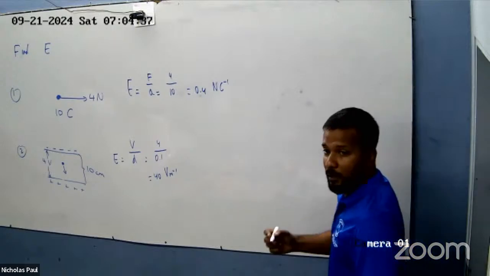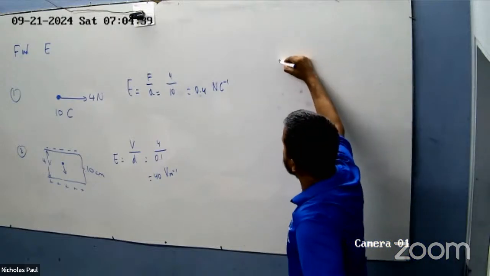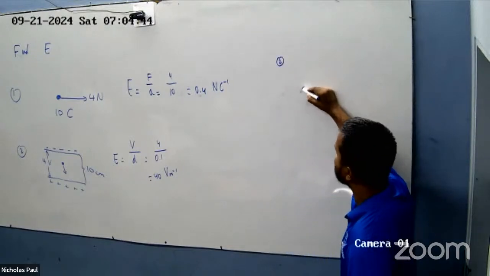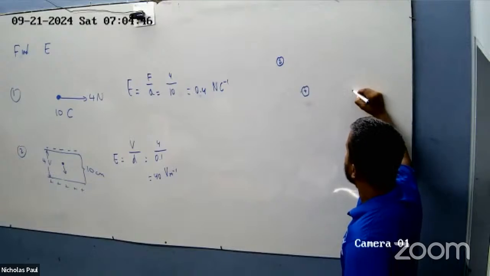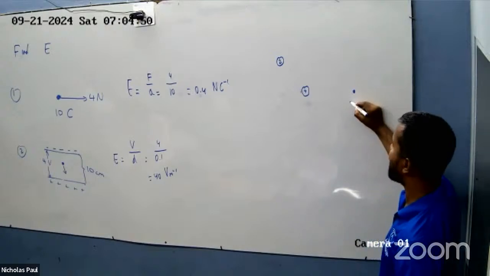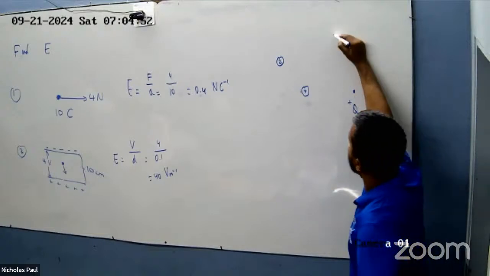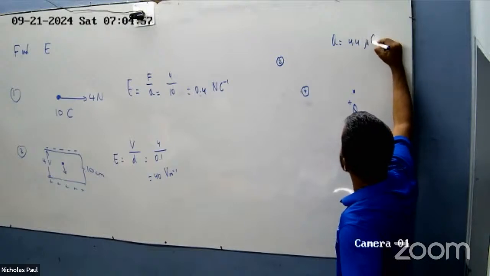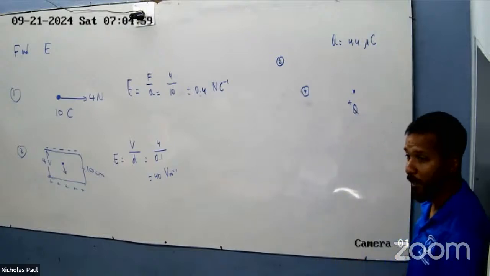Right. So let's be a little more specific now. Here I have a positive charge, and a next charge here. That's a positive Q, and Q is equal to 4.4 microcoulombs.